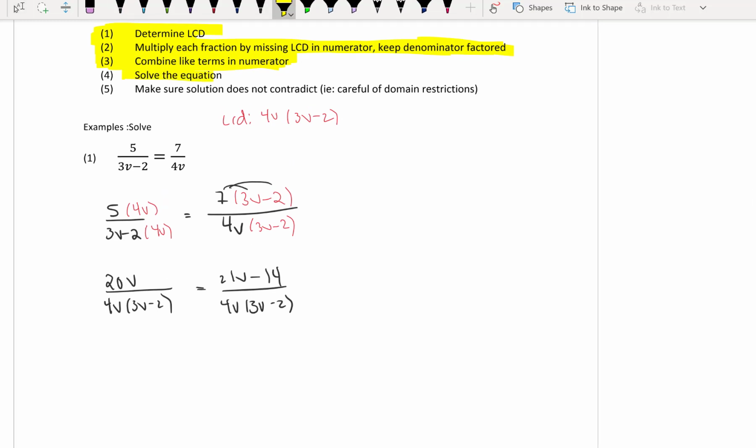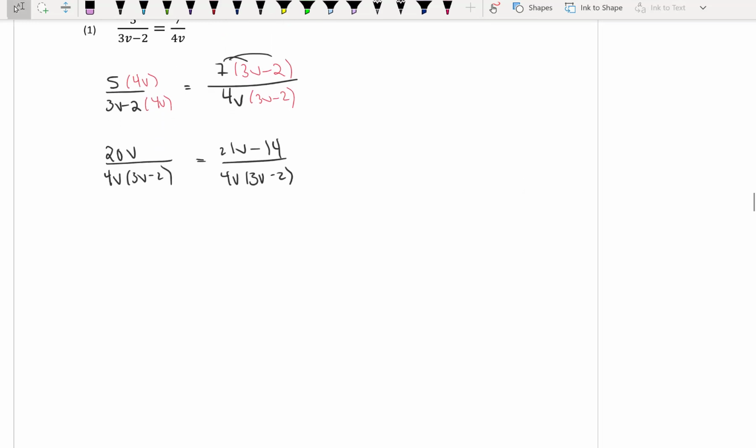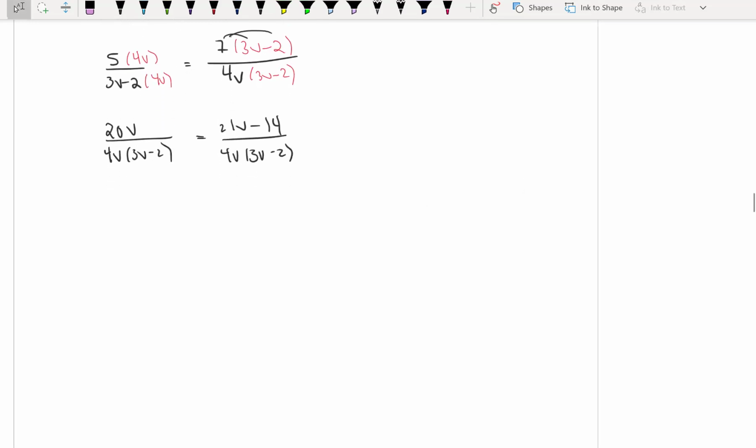Now for step number 4, we are going to solve the equation. I have two fractions that are equal to each other, which is really nice. So you can actually say that 20v is equal to 21v minus 14 because the denominators are the same. And you might be wondering, how do you know that?